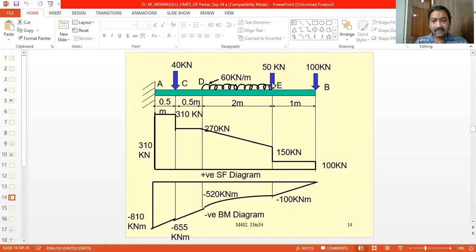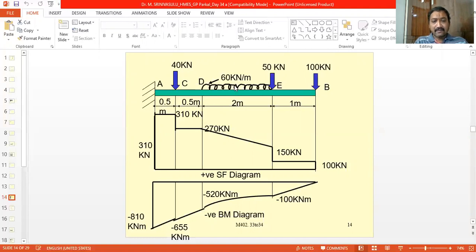And now coming to the second point load, 50 kN, acting at a distance of 2 meters from the point D. So 50 into 2, 100, so minus 100. This is also causing a clockwise moment. Now coming to the third force, that is 60 kN, and it is acting at the midpoint of this UDL, that is from the point D, at a distance of 2 by 2 meters, that is 1 meter.